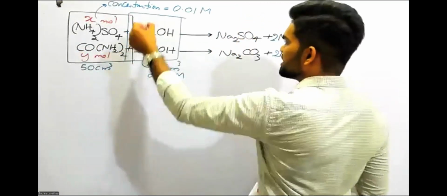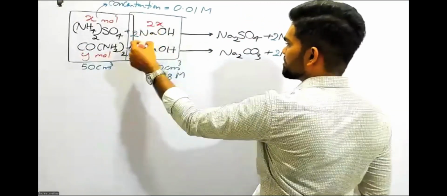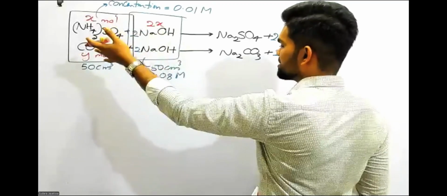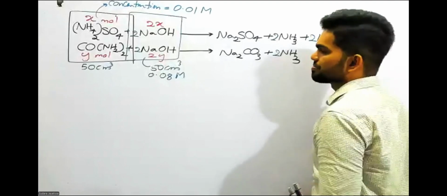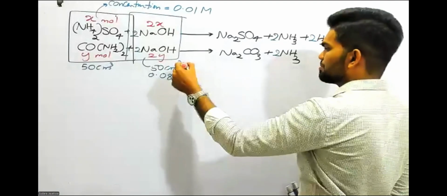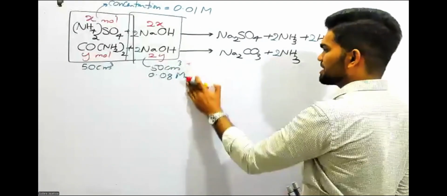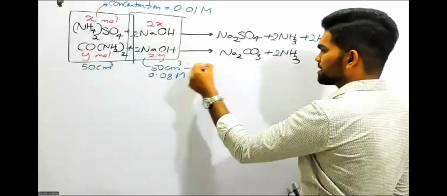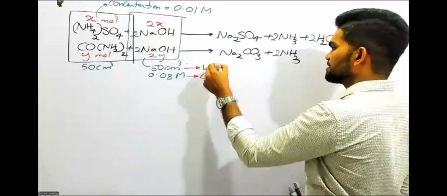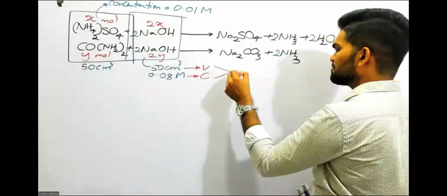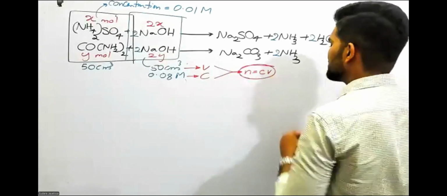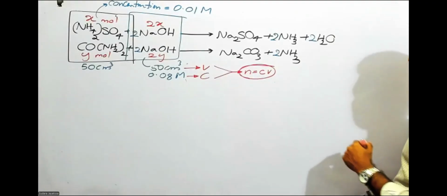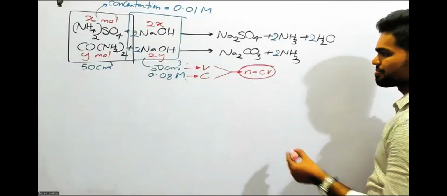Then you will be needing 2x moles of sodium hydroxide to react with ammonium sulfate and again 2y to react with urea. Okay, so the number of moles you are getting here, now this is actually volume and this actually concentration. So using concentration and volume, using n equals CV formula, remember I reminded you this one last week, you can find out the moles.